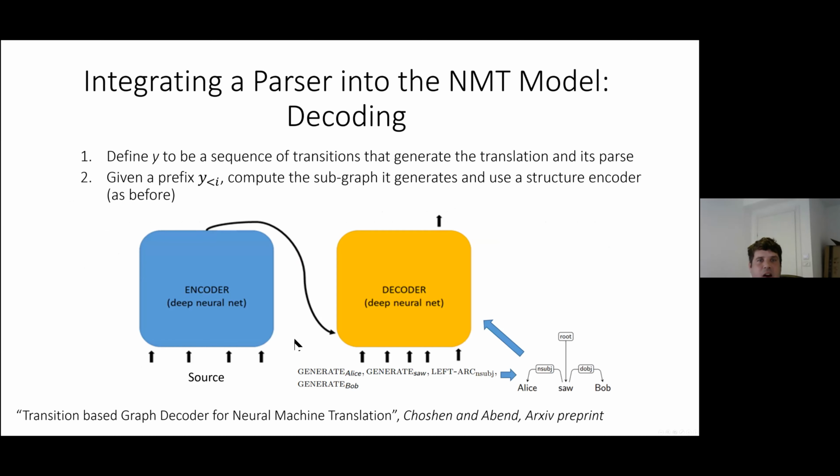And then when we generate the target side, we don't only re-encode back into the decoder the sequence of transitions that we've already produced, but also use it to compute the intermediate graph based on this sequence of transitions, and now use these established methods for taking the intermediate graphs or trees and re-encoding them back into the decoder.